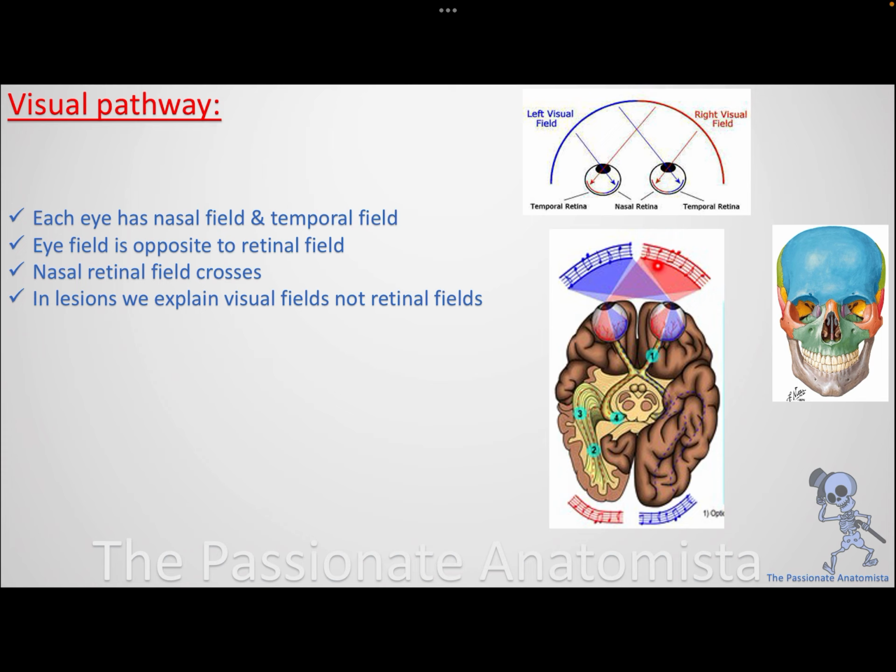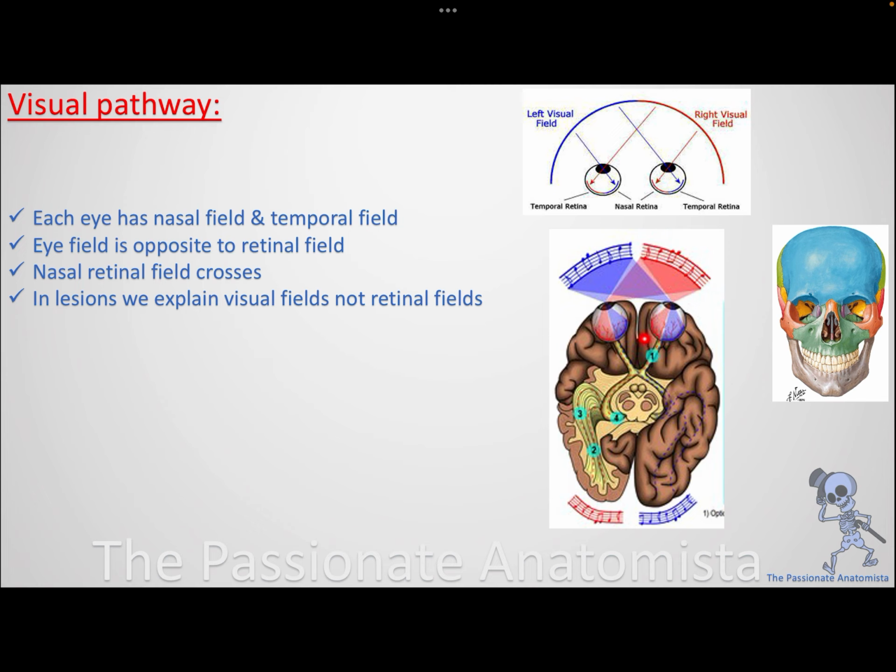The visual fields are opposite to the retinal fields of that eye. When we refer to a pathology in the eye, we talk about the visual fields, not the retinal fields.